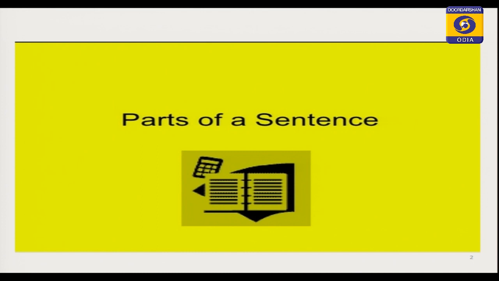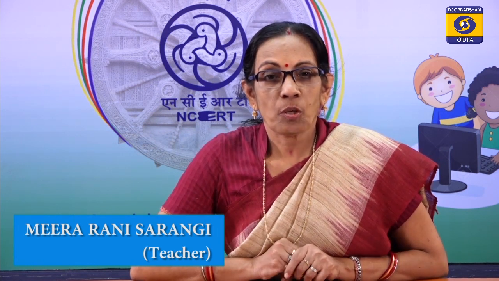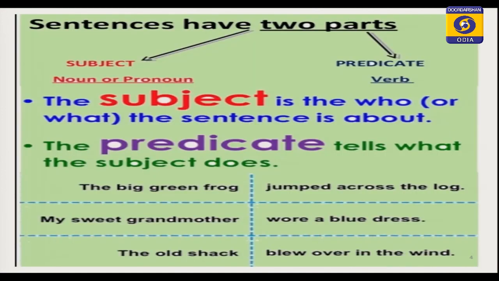Now, in this session, we will discuss the parts of a sentence. Every sentence has two parts, subject and predicate. What is a subject? A subject is generally a noun or a pronoun.